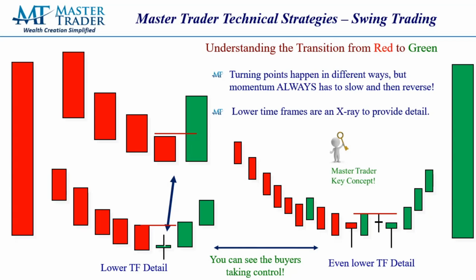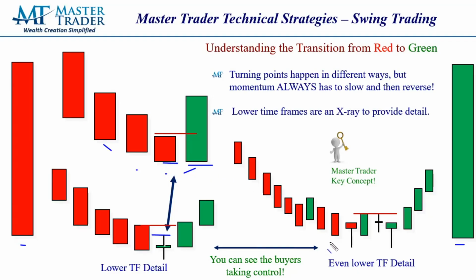We've got this big red candle on the left, and there was this transition to that big green candle. Depending on the time frame you're looking at, it will determine how many bars you see. How far down are you going into smaller time frames, where this one bar could be several bars and then the turn occurs, where if we go down to an even smaller time frame, we see the slowing in momentum in the transition from this red bar into this green bar.